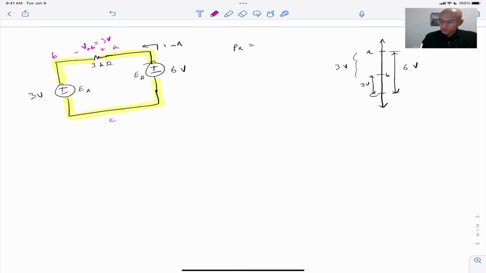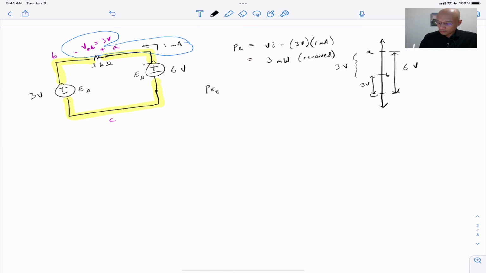Now we can see that this 1 milliamp flows counterclockwise, and it's consistent with the passive reference convention for the resistor, right? It's going from the plus side to the minus side. You can write VI, V being 3 volts, I is 1 milliamp. So again, it makes sense. It's positive, so this is received power. For battery B, we have 1 milliamp of current. You can see that it's not following the passive reference convention.